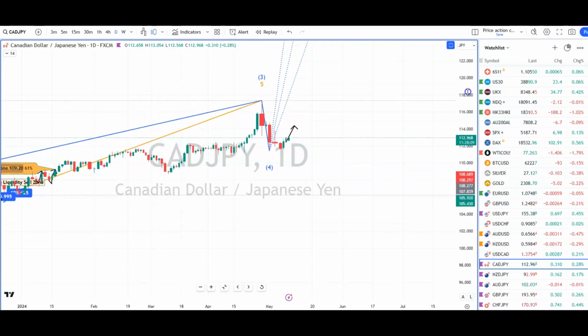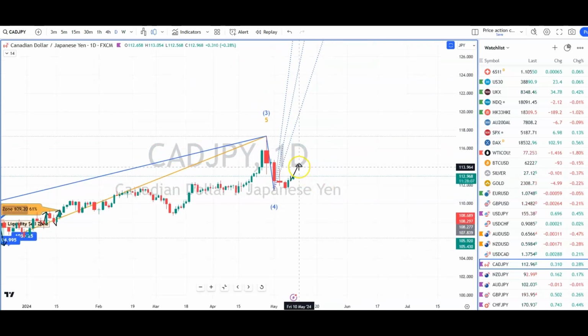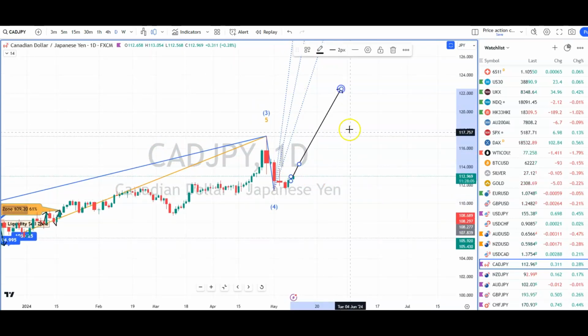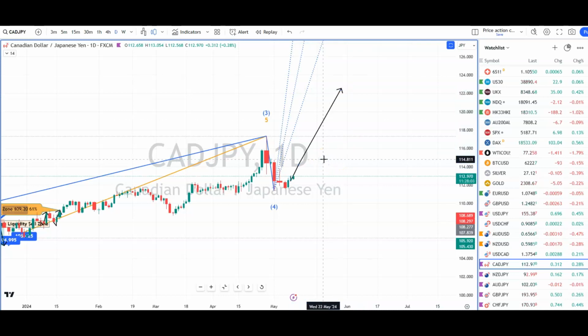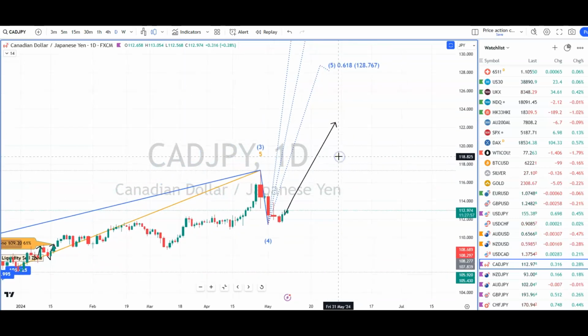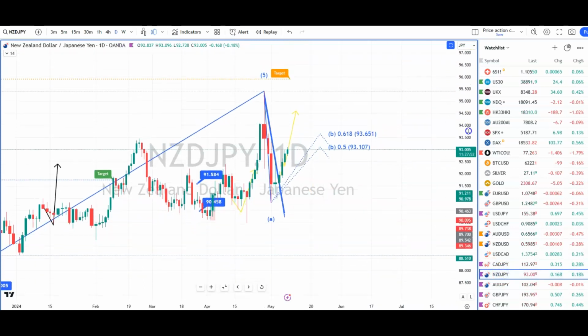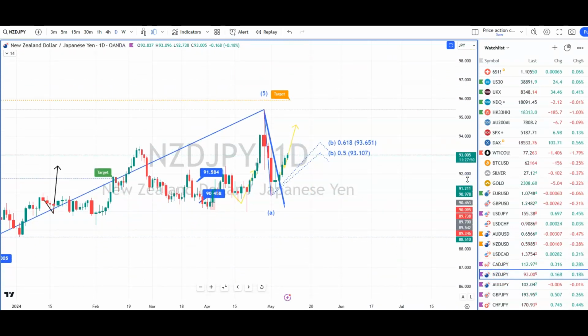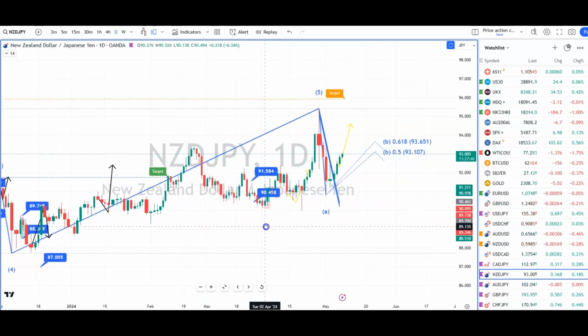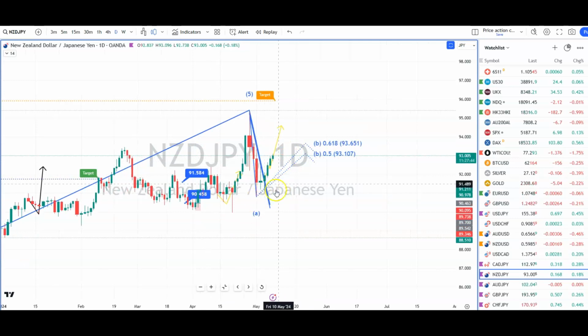However, wave 4 trend is the most powerful and gives you the best quality trades, I guess is the way to say it, and gives you bigger and better profits by having a much bigger target. Similar for the New Zealand yen, however, we can see that it's moving into an ABC pattern.